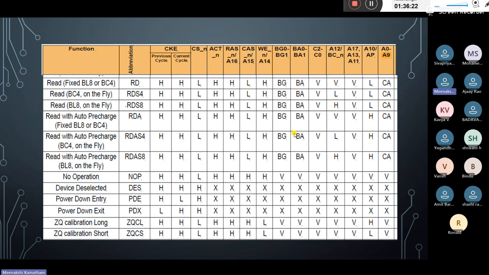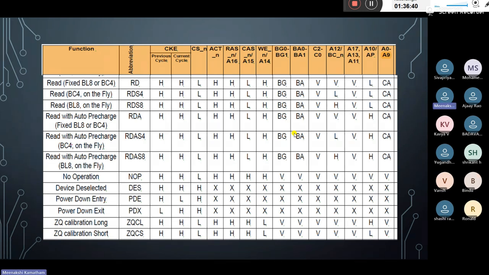Why am I selecting BC4 for the same BL8? The same bit is high for BL8, and for BC4 it is low.